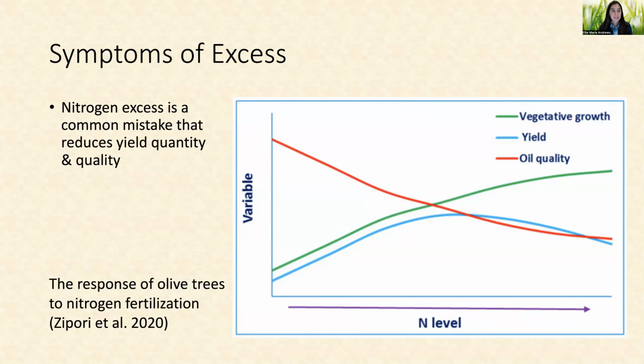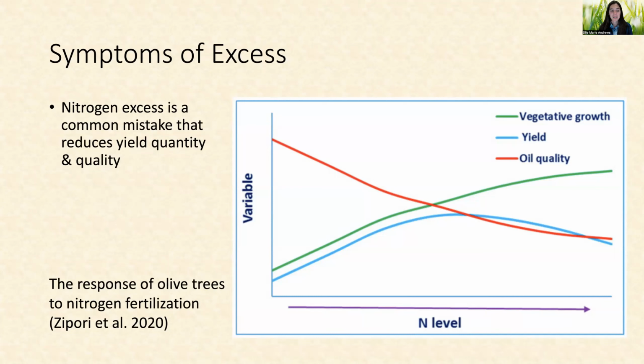So nitrogen excess, applying too much fertilizer with nitrogen, is a pretty common mistake that often reduces yield quality and quantity. So, just wanted to mention, this is also a concern in terms of balancing out that vegetative growth with the fruit growth as well.